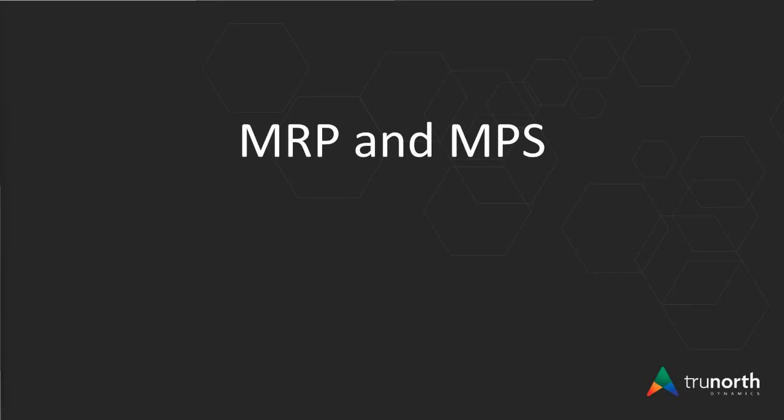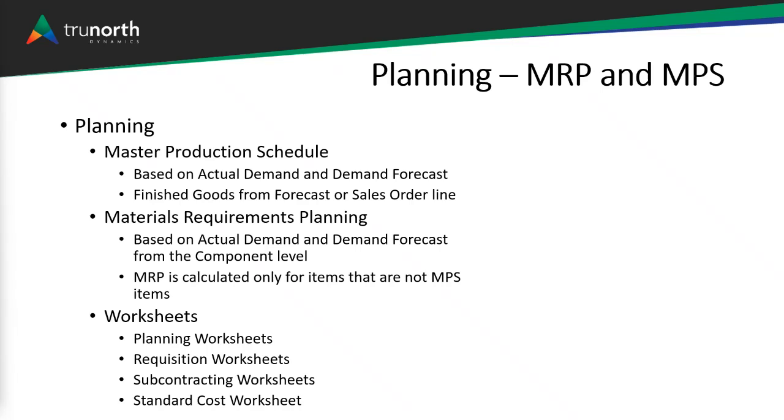So to review, planning phases, both material requirements planning and master production scheduling, are included as part of the standard manufacturing suite. Master production schedule, I'm going to base that on actual demand as indicated in my open sales orders, as well as any sales or demand forecast that's been created.